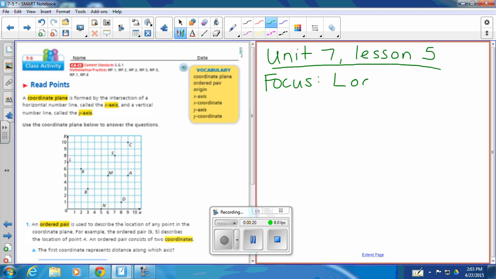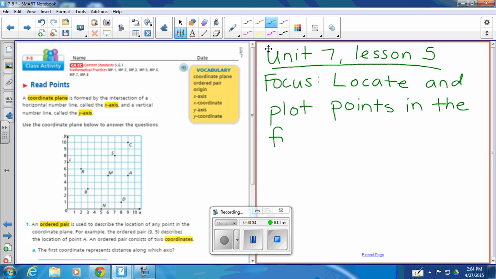Okay, we want to locate and plot points in the first quadrant of the coordinate plane.